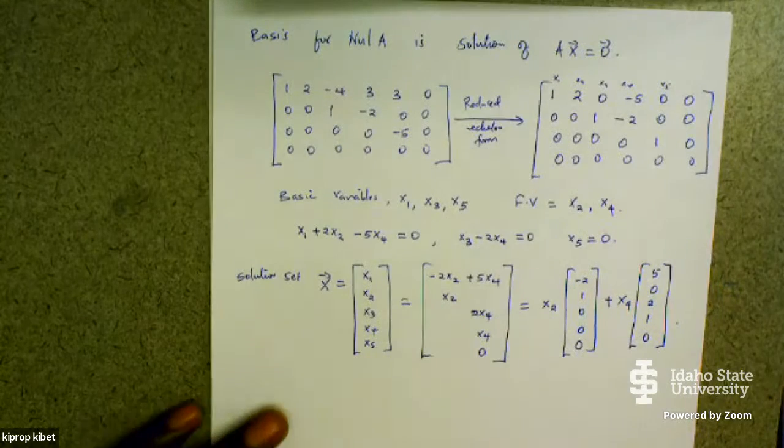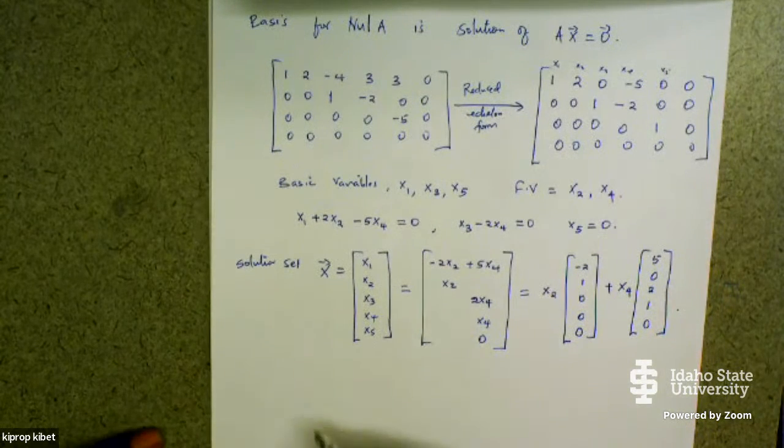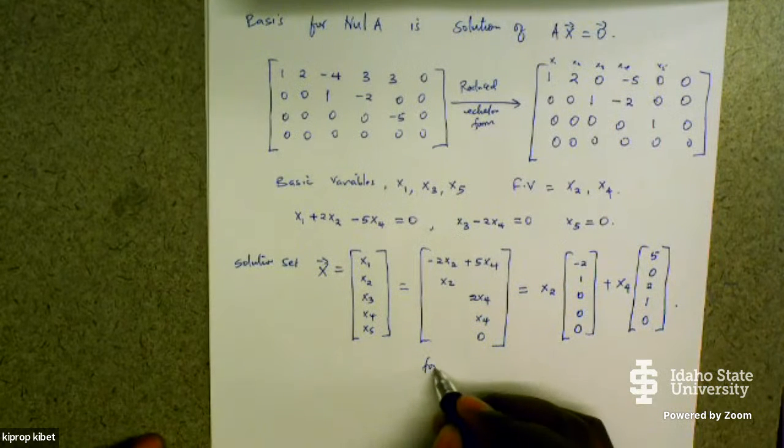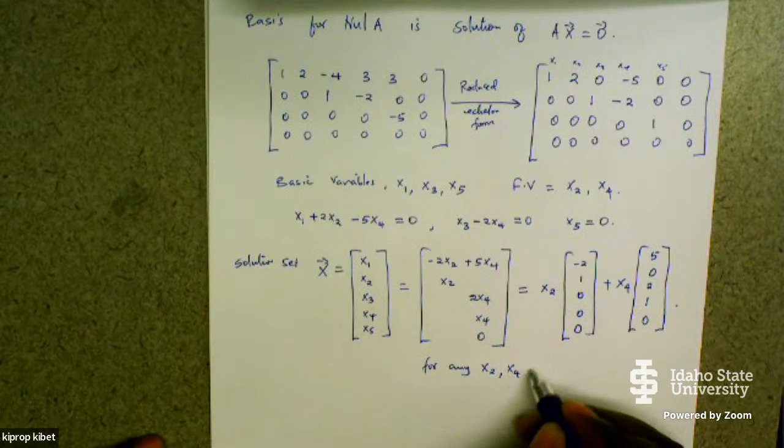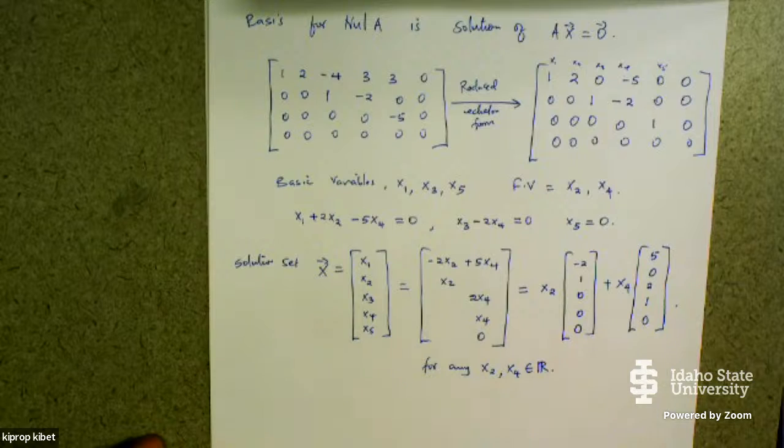Then the null space, which you can write as, for any x2, x4. And these are elements of what? For any x2 and x4.